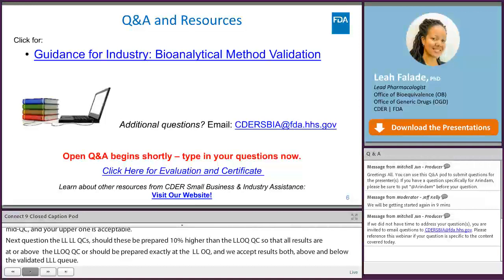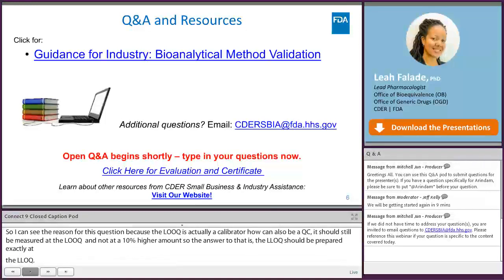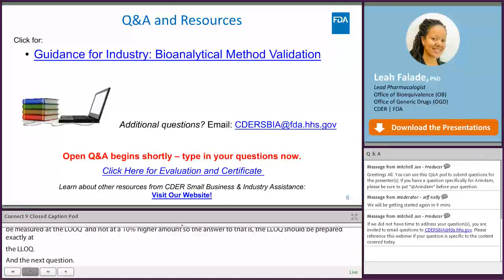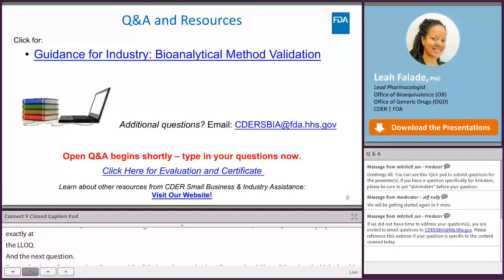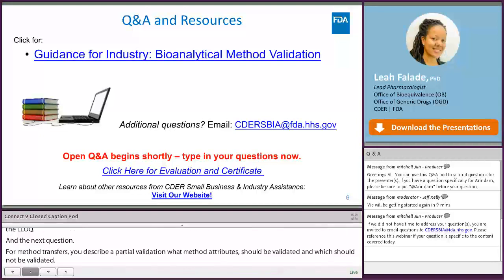And the next question. For method transfers, you describe a partial validation. What method attributes should be validated and what should not be validated? Well, as you can see in the actual BMV guidance, the partial method validation can range from as little as one intra-assay accuracy and precision run to nearly a full validation.